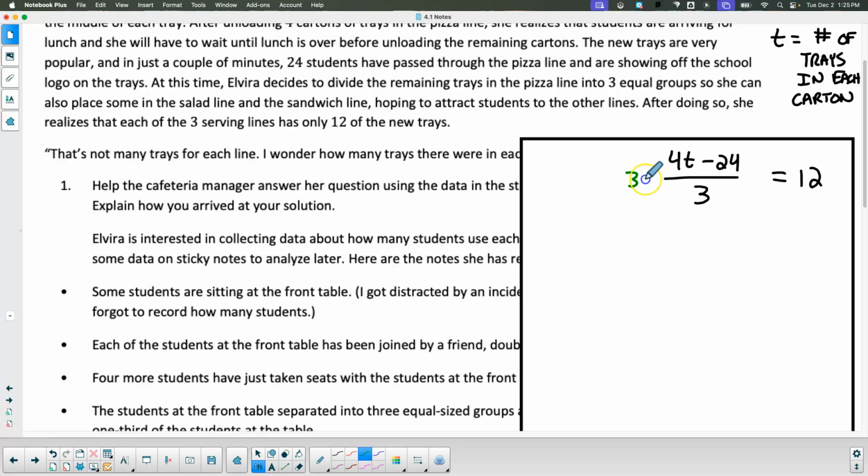So I'm going to multiply the left side by 3, and we'll multiply the right side by 3. The left side multiplying by 3 cancels out the denominator of the 3. So what's left over? Left side. 4T minus 24 is left over.